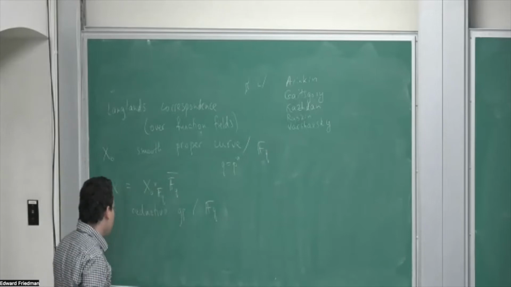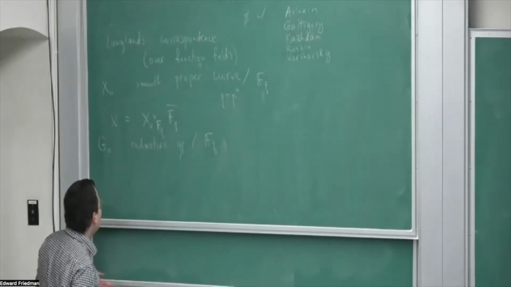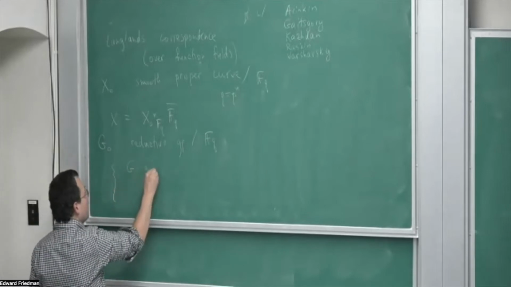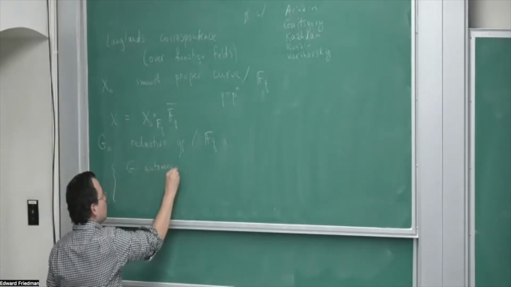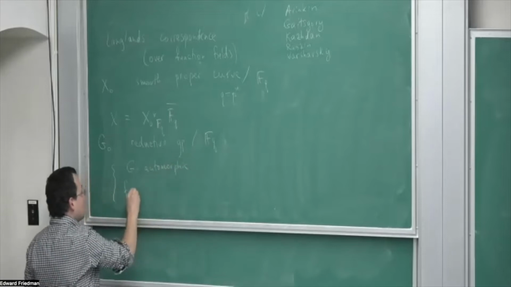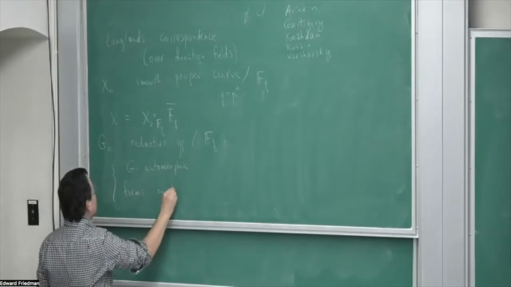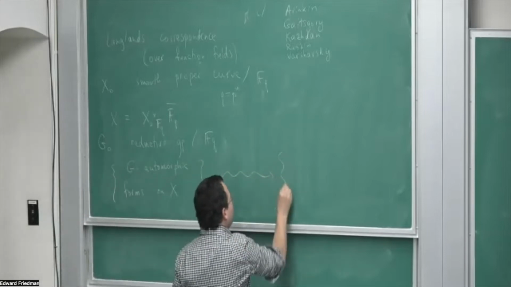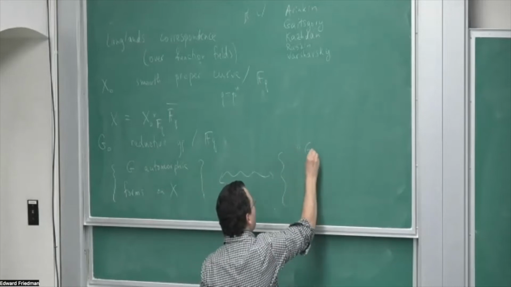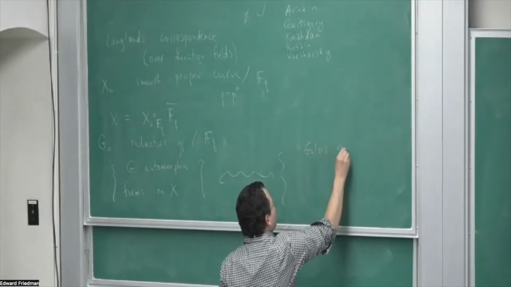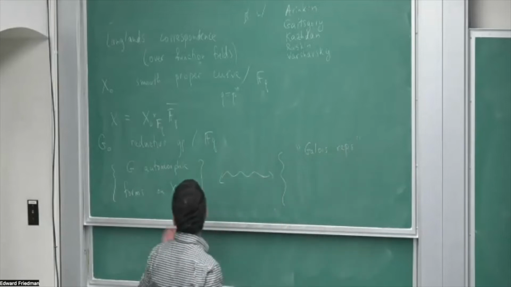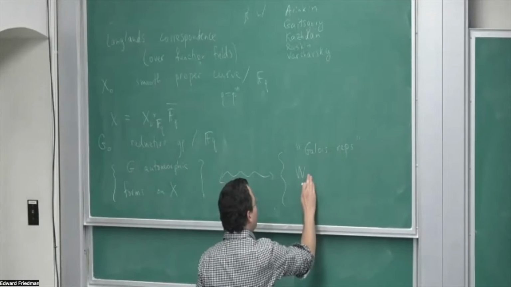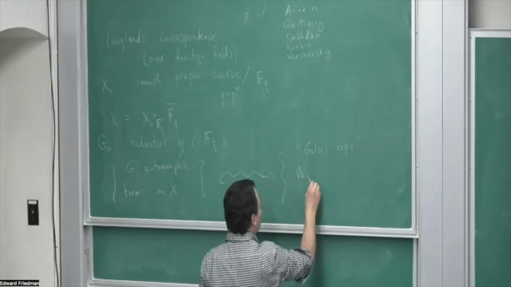Well, so what's the Langlands correspondence about? Well, roughly speaking, correspondence are forms. Order, which for us will mean something like the big group.